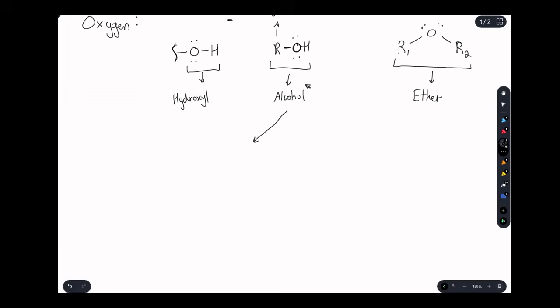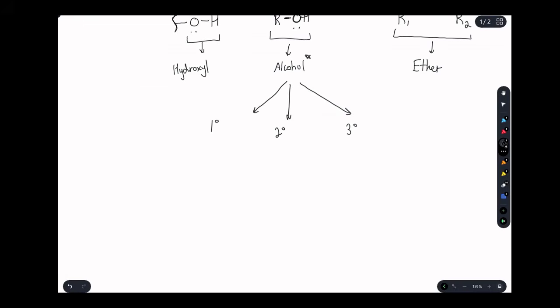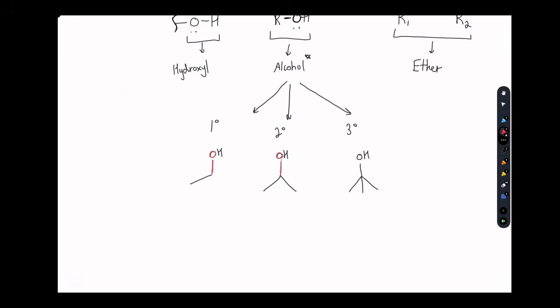Now, digging into the alcohol, there's actually 3 different types we need to know: primary, secondary, and tertiary. This has to do with how many carbons you have connected to the R group. So here they are. In all cases, our oxygen is only going to be connected to 1 carbon. However, we want to know how many things are connected to that carbon.